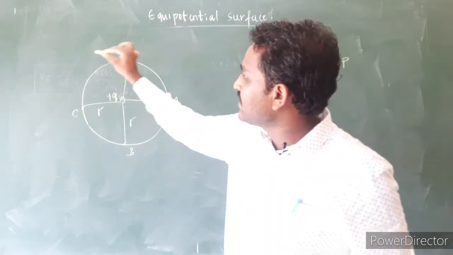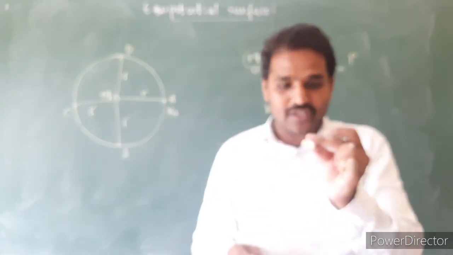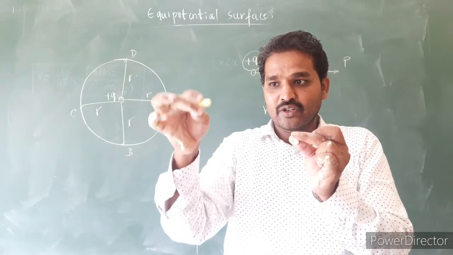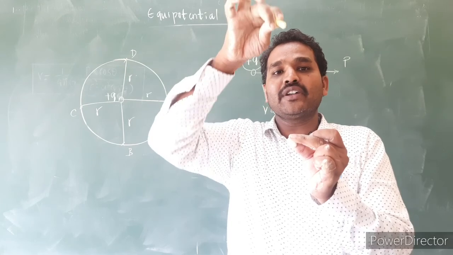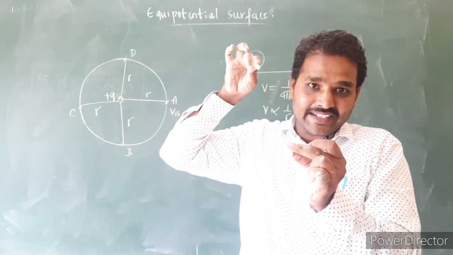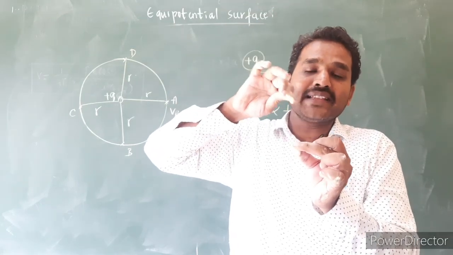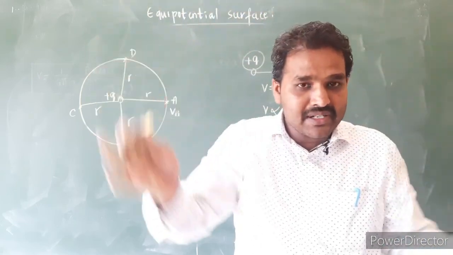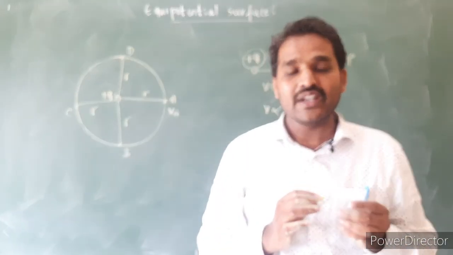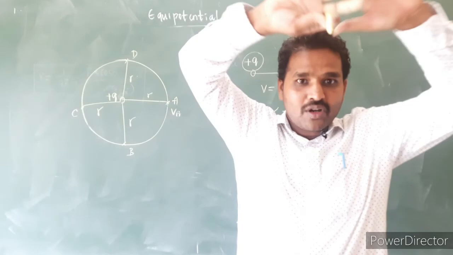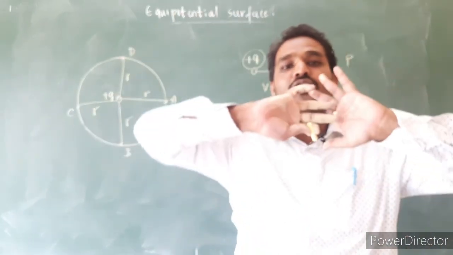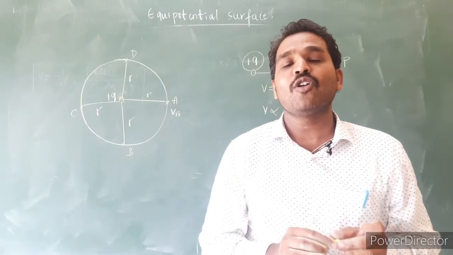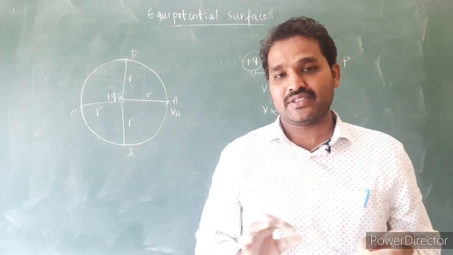You can consider anywhere. If this is my source charge here, you can take point A here, here, here, or you can take point A backside. You can place that point anywhere in 3-dimensional space. So, if you have a huge number of points like that, if you join all those points, that will form a spherical surface.